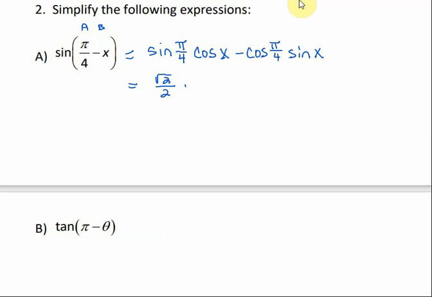times the cosine of x. And then the cosine of pi over 4 is also square root of 2 over 2 times the sine of x. And then all we could do, we could leave it like that, or we could factor out that like term of square root of 2 over 2 and write it this way.